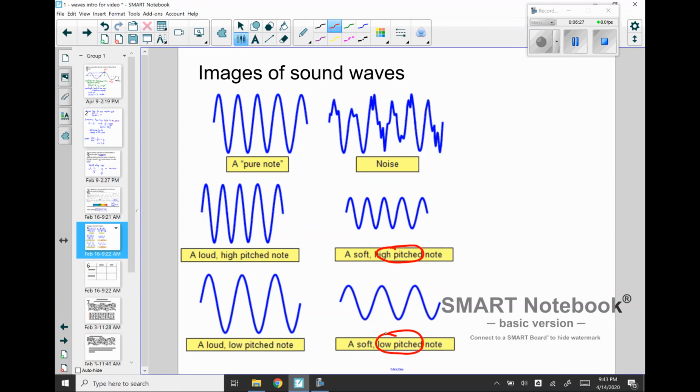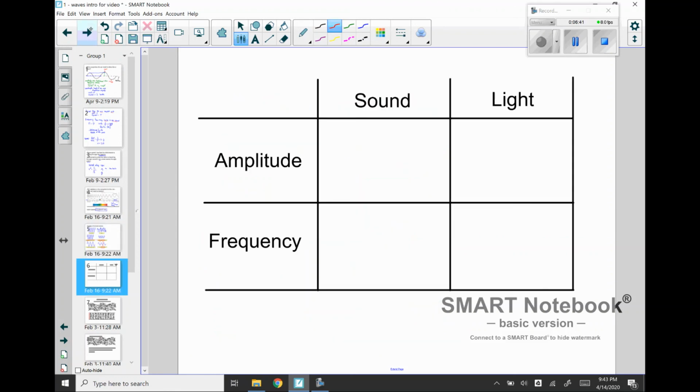And then from left to right, we have the same pitch, but we're looking at volume, or the effect of that amplitude. So if I was going to summarize this, with sound, the amplitude tells me how loud it is, or volume. The frequency is going to tell me the pitch, or what note it is.